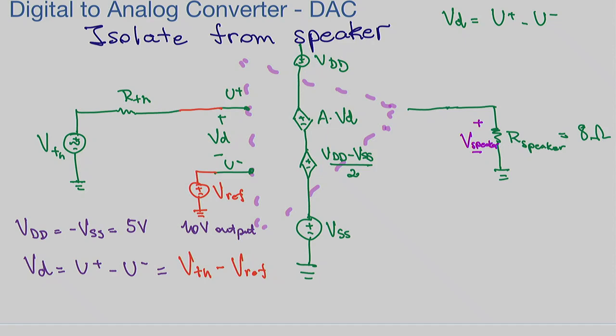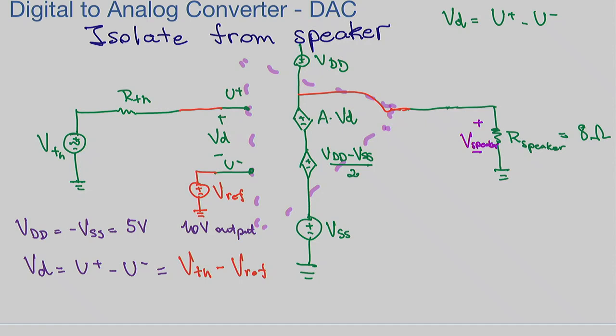And then, where would we connect the speaker? Where would we connect the speaker? V out, very good. So V out, I'm going to make a wire here and say, okay, this is V out. You could also say, okay, V out is here, from that node. V out is connected to V speaker.